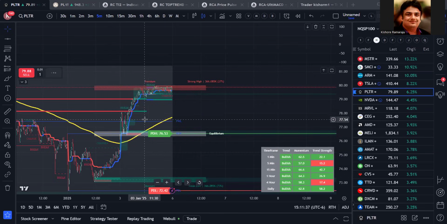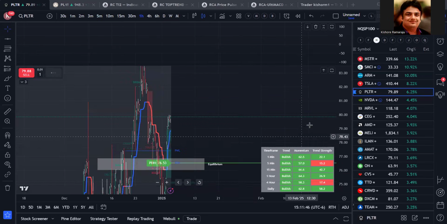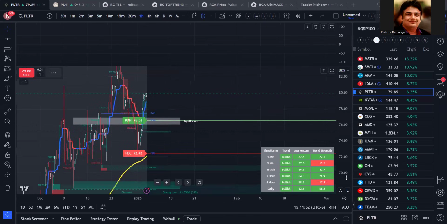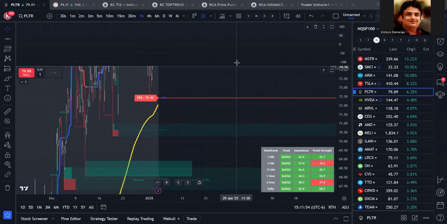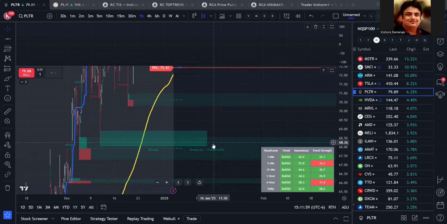The other advantage is that sometimes you can also see where there are huge orders. For example, let me go to the 1 hour time frame, where you can also see the volume. Here there is a 13.95 million order block.